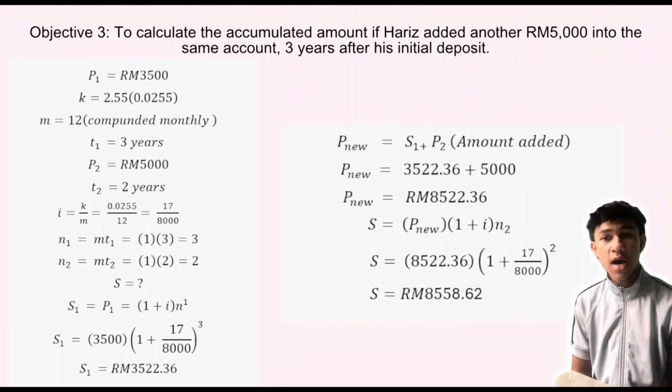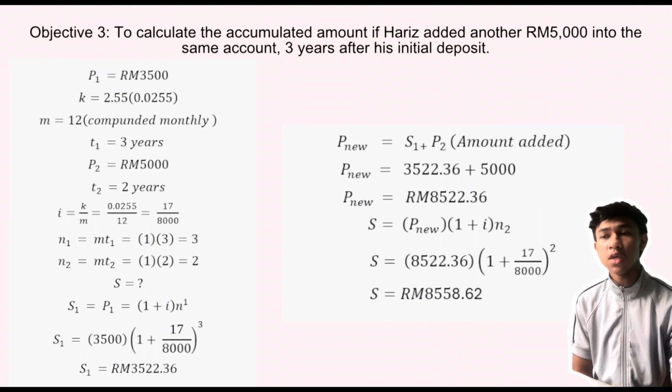Formula I equals K over M, equal to 70 over 8,000. N1 equals M times T1, and N2 equals M times T2. S1 equals P1 times (1 plus I) to the power of N1. S1 equals 3,500 times (1 plus 70 over 8,000) to the power of 36, which is RM3,622.36.